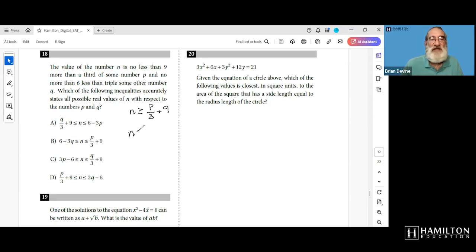So n has to be less than or equal to 6 less than triple some number q. So triple some number q, but then take away 6. So n's got to be less than that, but greater than or equal to the thing before. And so we have to put those both together around n, and D is the correct answer. So we had to translate the words into symbols and then connect them together.